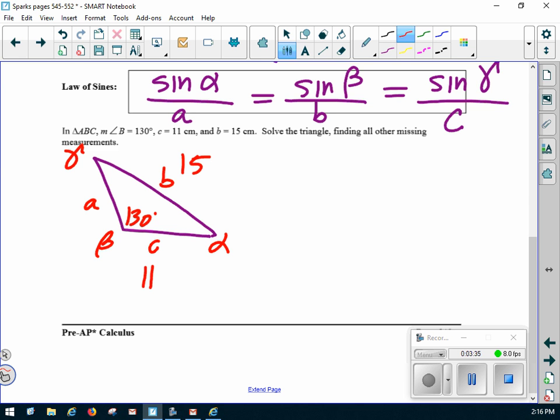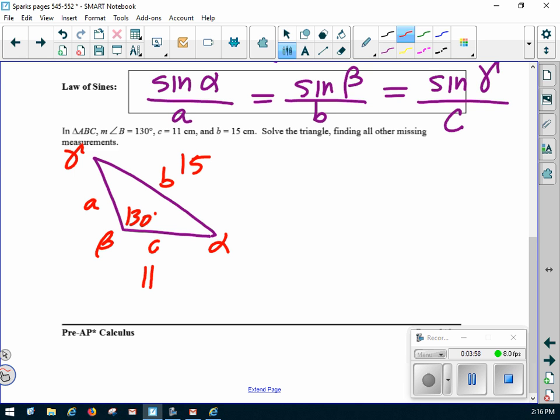I'm going to have you write this in a little bit, just not right now. You have to know an angle and the side opposite it, and one other piece. So listen again. To do the law of sines, you have to know an angle and its opposite side, and one other thing.